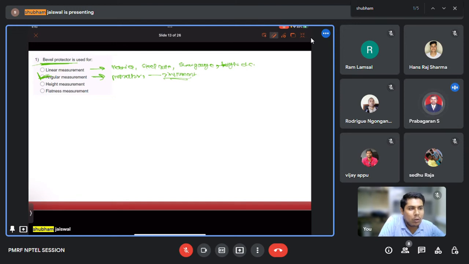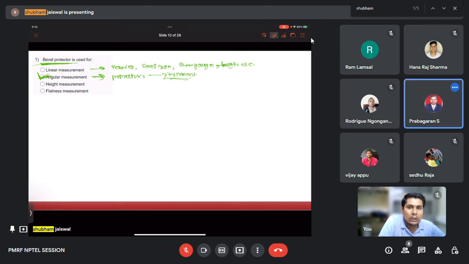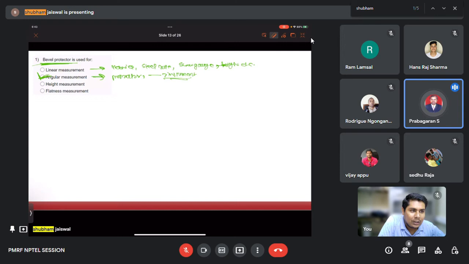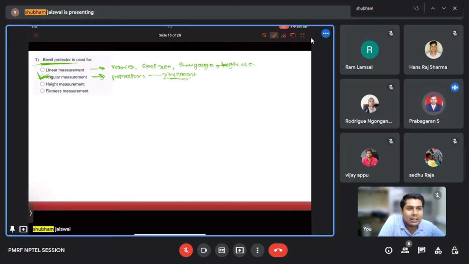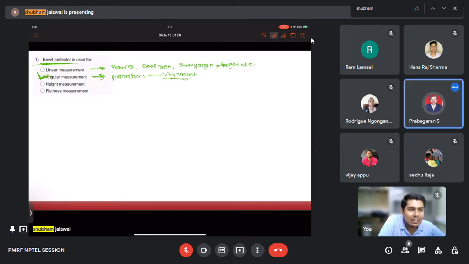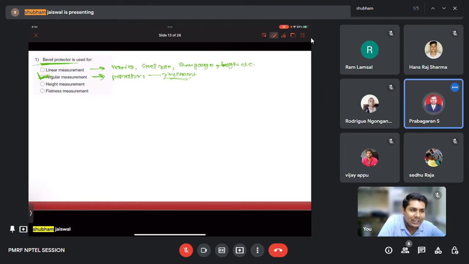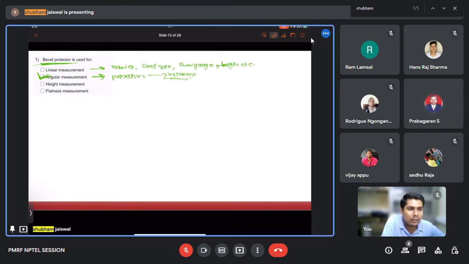So we basically use the bevel protractor for angular measurement, but not for flatness. But production people tend to say just like that, sir. Yes, if that much accuracy is not needed, for rough measurement, but the accuracy of that bar will be lost. Thank you. So, moving to our next question.